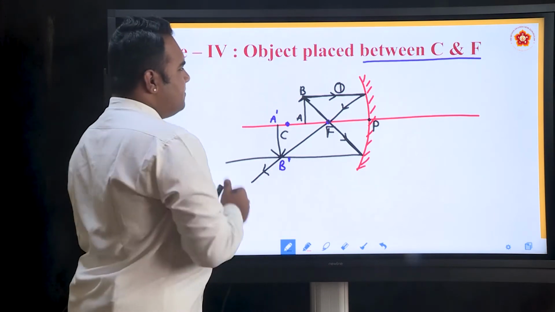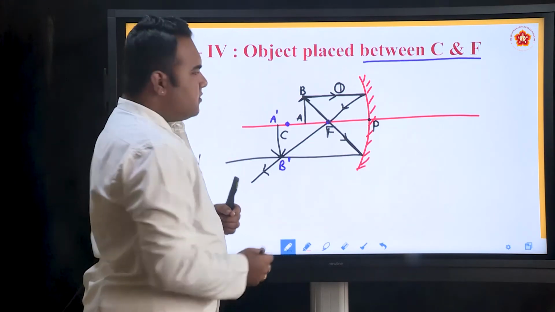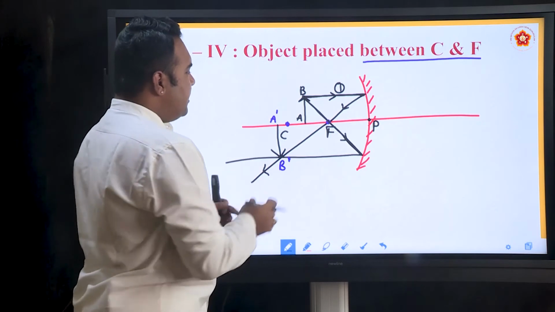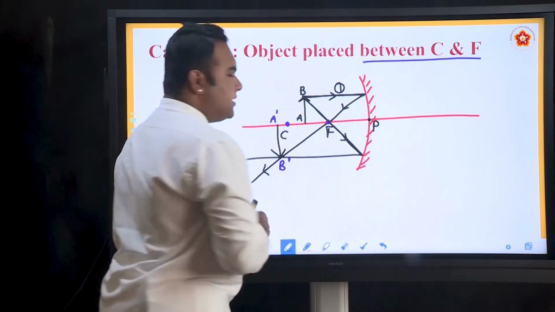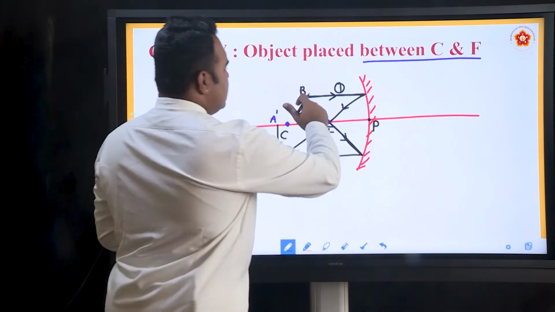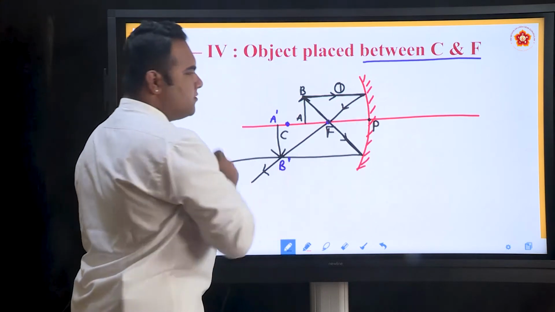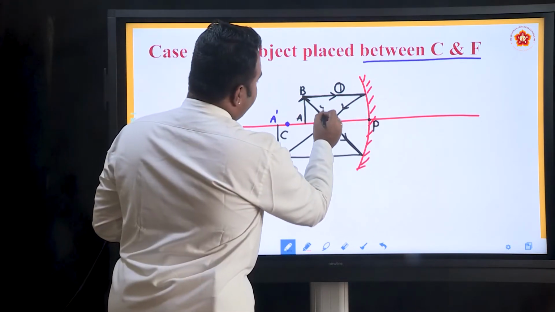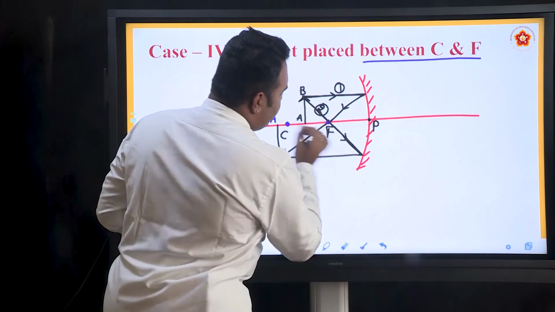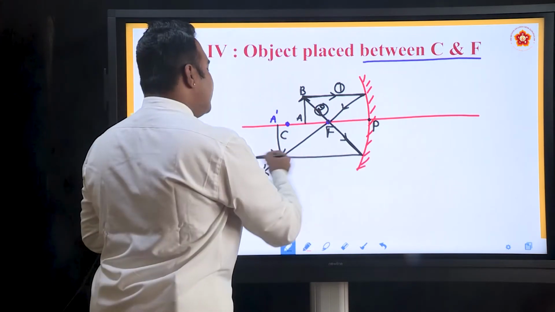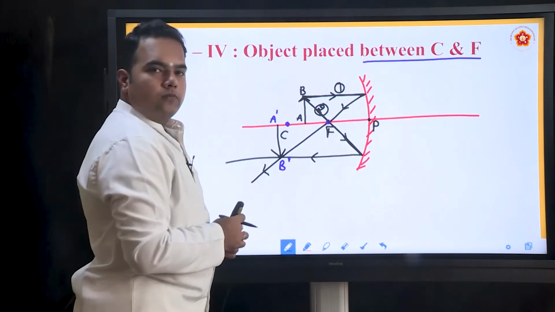Even with a free hand, you will get it correctly based on the approximations that we make. So, this parallel ray of light passes through the focus. The second ray of light passing through the focus emerges parallel to the principal axis, rule 2.